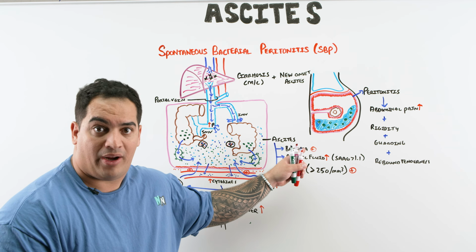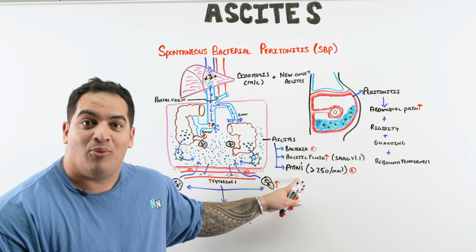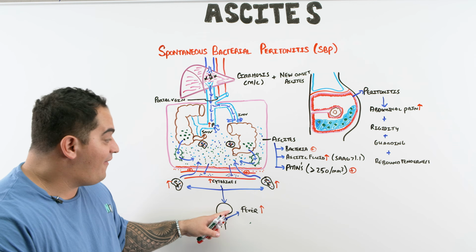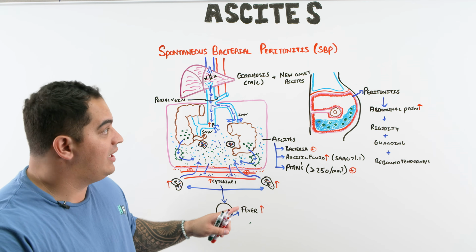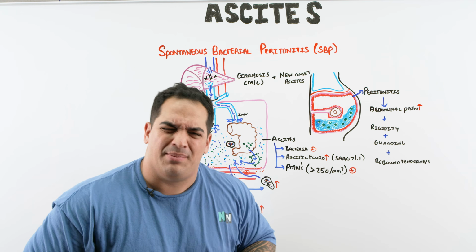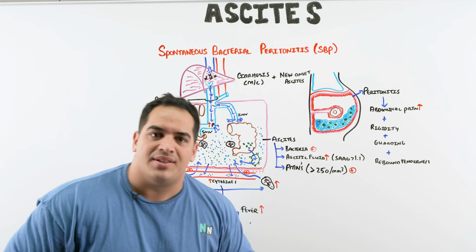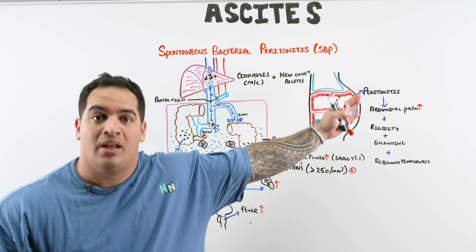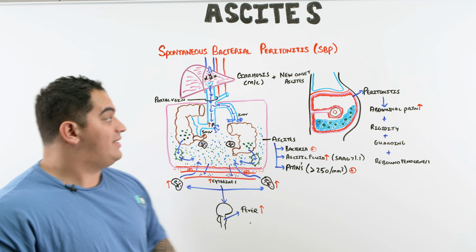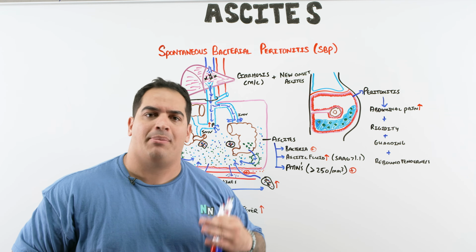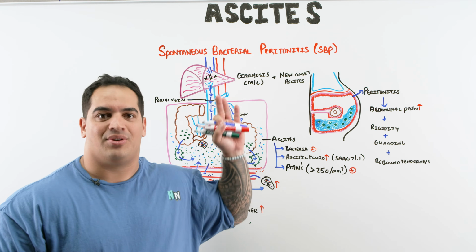Bacteria, that's usually monomicrobial, and lots of polymorphonuclear leukocytes. We've already explained that mechanism. They'll have a fever due to the cytokine release, and they'll have local features on their abdomen that suggest peritonitis: abdominal pain, rigidity, guarding, rebound tenderness. And this patient, you really want to think, do they have SBP? That could be a complication that we can see in ascites, but specifically in those patient populations with portal hypertension related ascites, likely due to cirrhosis.